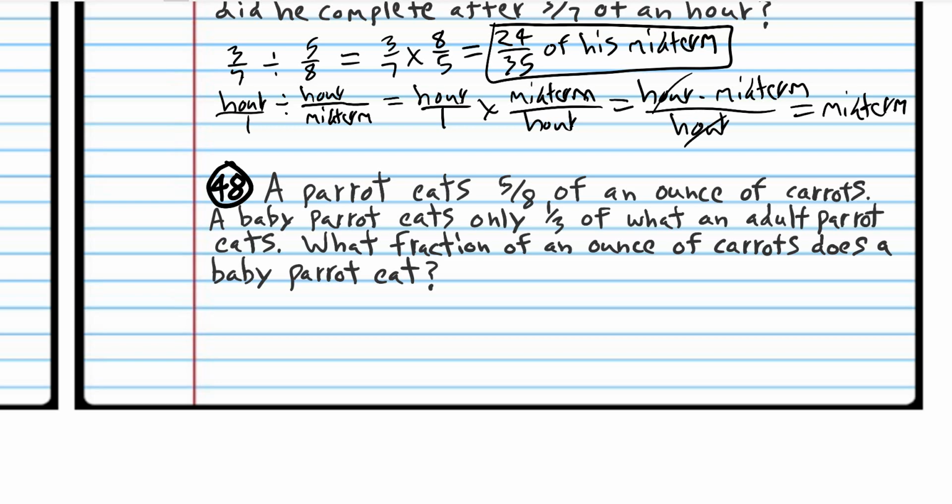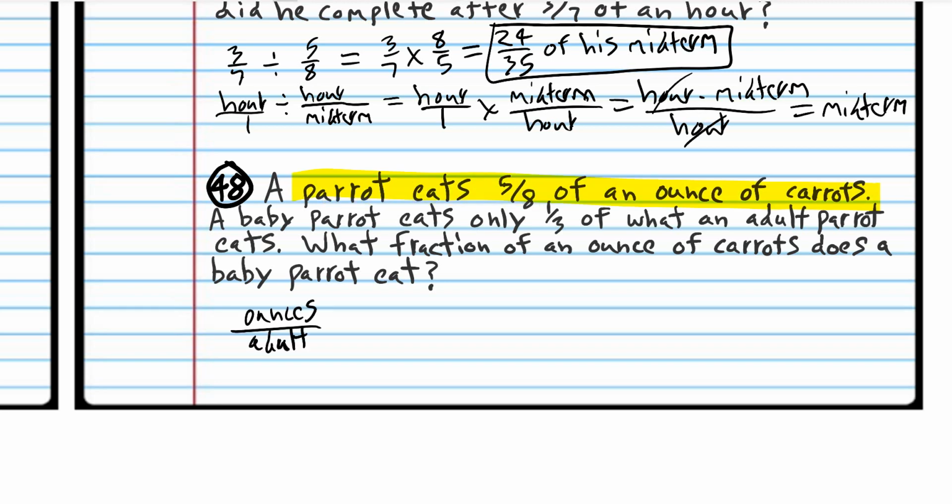The factor label method is going to be a little bit weird on number 48. So you can go ahead and attempt that one. It's going to be: a parrot eats 5/8 of an ounce of carrots. A baby parrot eats only 1/3 of what an adult eats. So this is kind of weird when it comes to the factor labeling method, because it's going to be 5/8 ounces per adult.